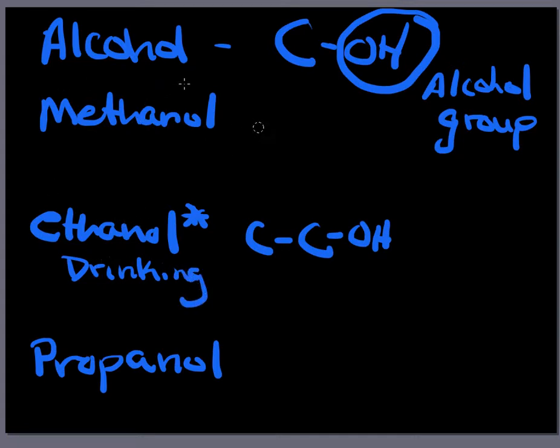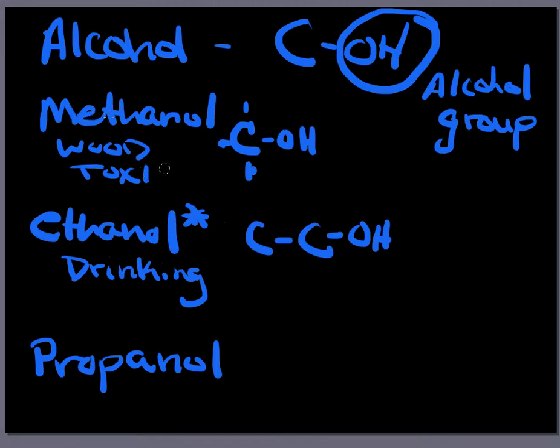Methanol is 1 carbon with an OH and 3 H's. I just don't want anybody to forget that we are talking about carbon having 3 additional bonds there. This is wood alcohol, and this is really toxic to you. Deadly toxic.